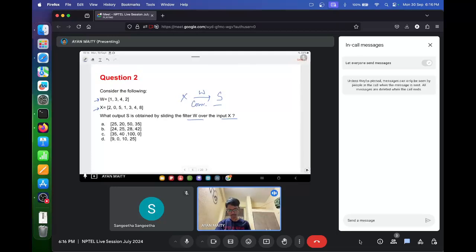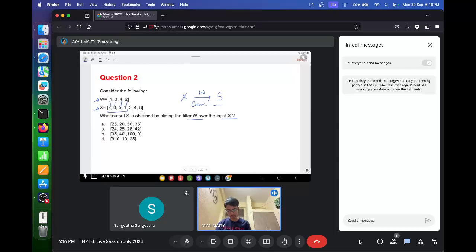So in convolution, what we do is slide this filter w over this input. As the w filter is of length 4, we will consider the first 4 elements of the input x, and do point-wise multiplication with the kernel.